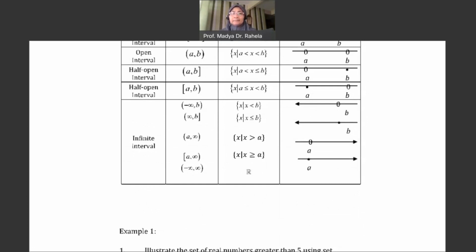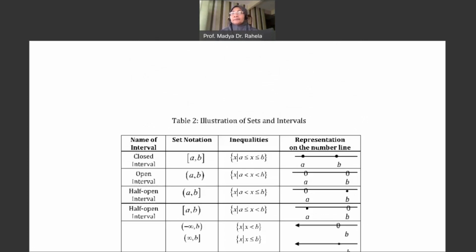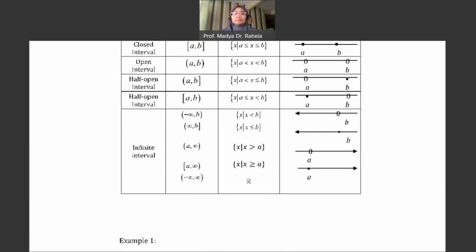We need to define it. Okay, for example, negative infinity to B. For negative infinity and infinity, the bracket we must always use open. Open interval, because we cannot define exactly what the number is for the infinite.